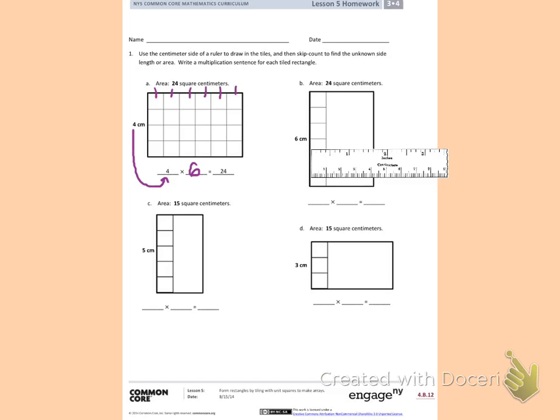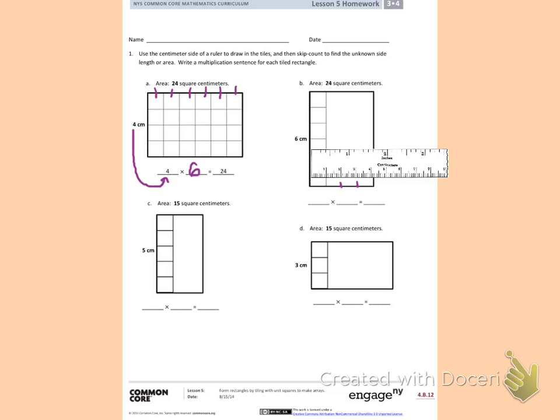The column measures 1 centimeter wide. I will make a mark for every centimeter in order to know where my lines will be drawn. Here's a mark at the 2 and a mark at the 3.